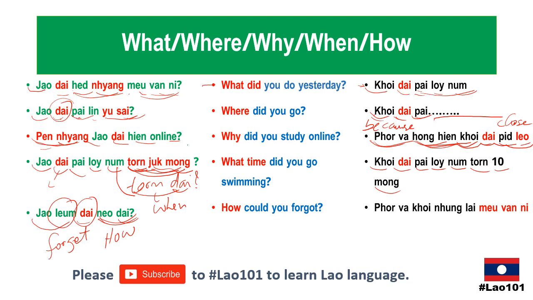How did you get to forget that? How could you forget that? เพราะว่าค่อยยุ่งหลาย. ยุ่ง means busy. เพราะว่าค่อยยุ่งหลายเมื่อวานนี้. Because yesterday I was very busy.